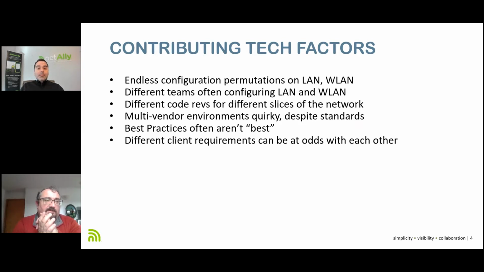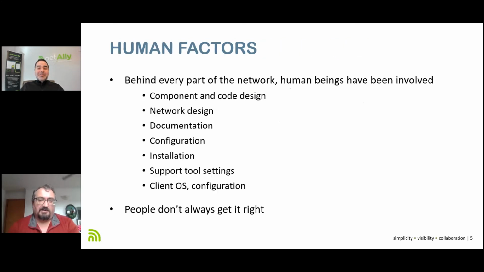It's kind of silly. Some vendors work hard, put out best practices, and then the first thing you hear when you call TAC is, yeah, we don't recommend you do that. Okay, well, it's a best practice that kind of doesn't stand up to the light of day, I guess. So there's a lot of weird stuff behind the topic at hand, but the human factors are what I wanted to get at, right? People touch everything. Back to that wiring question.